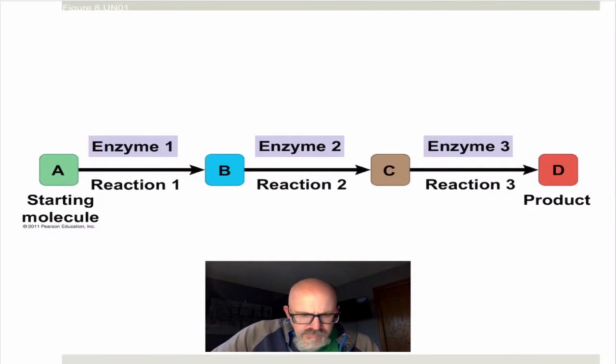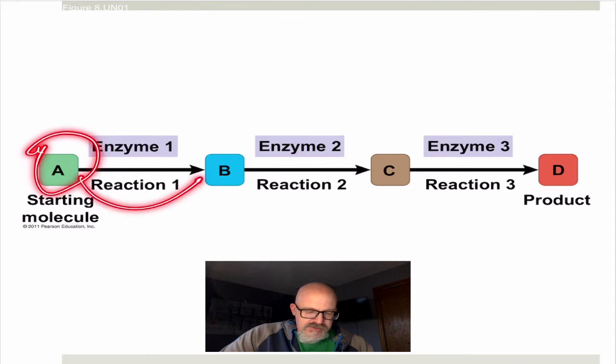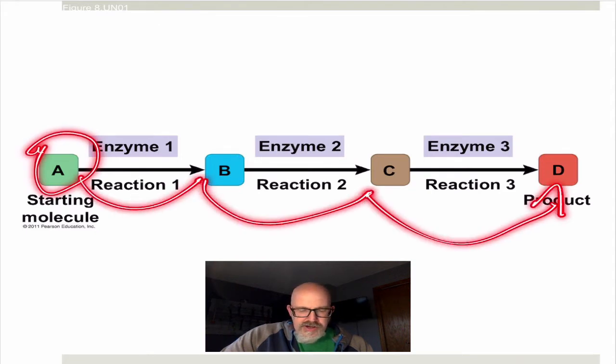So the first thing I'll show you is from your book. I just pulled an image out of there, but it does a good job of explaining what is happening in a really generalized reaction. Basically you start with something, you have a series of reactions till you get a product, right?